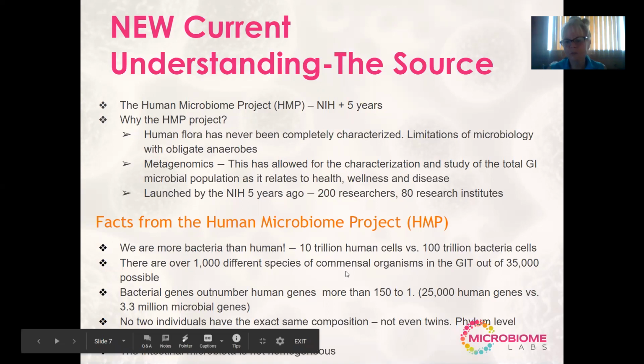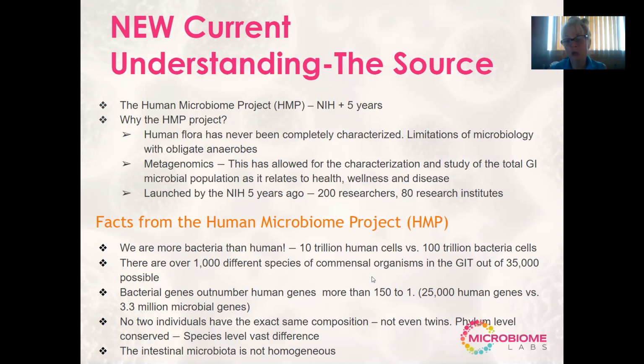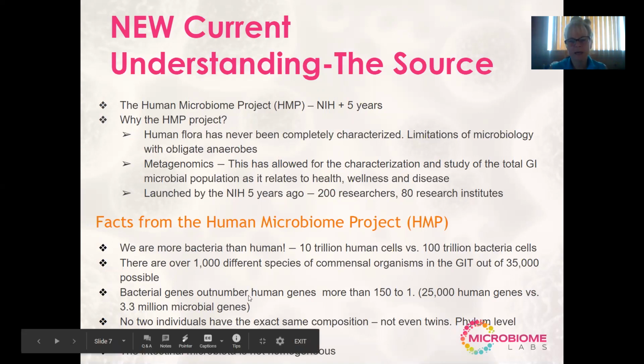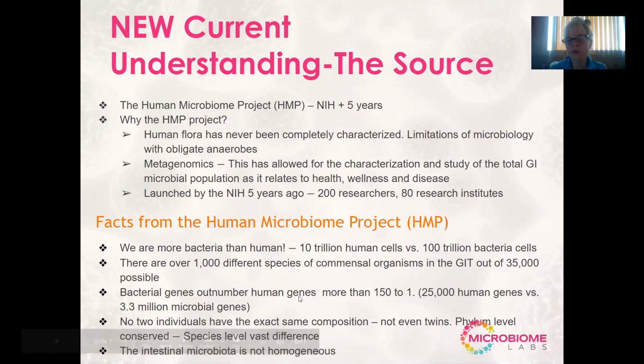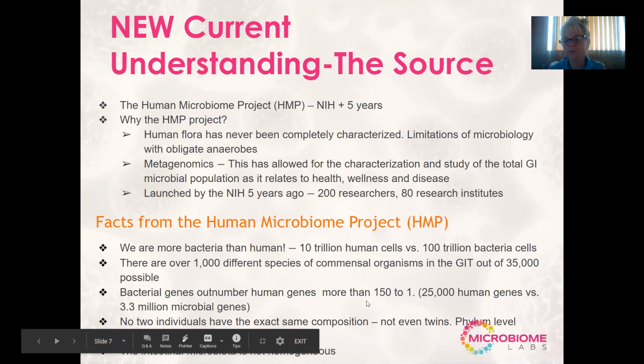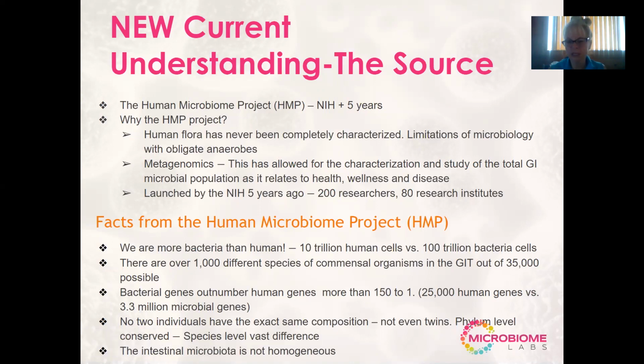So 1,000 different species, 100 times more cells than there are actual human cells in our body, and the bacterial genes outnumber the human genes more than 150 to 1. So we're really using a lot of their genes to perform our human functions, which is pretty amazing.